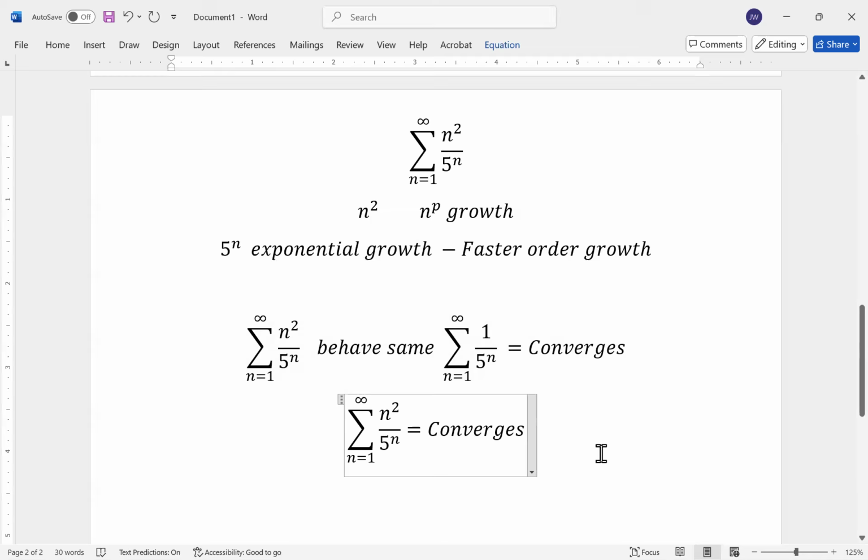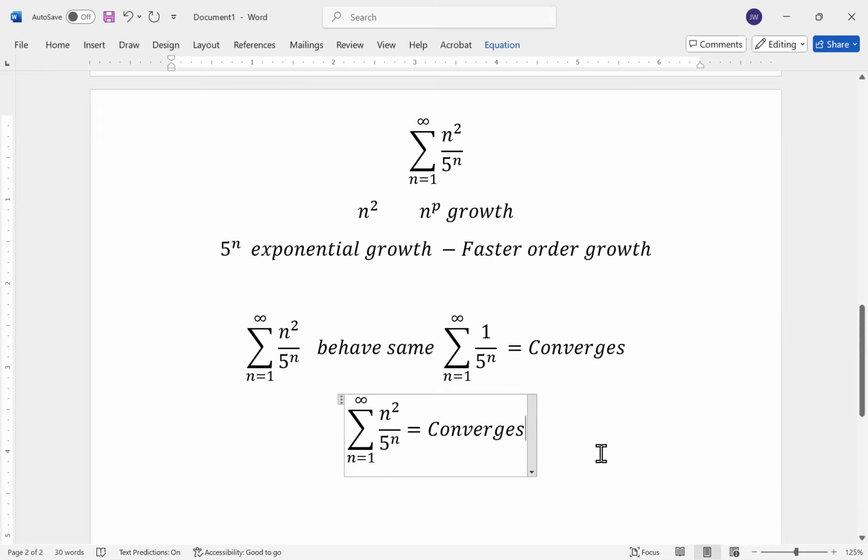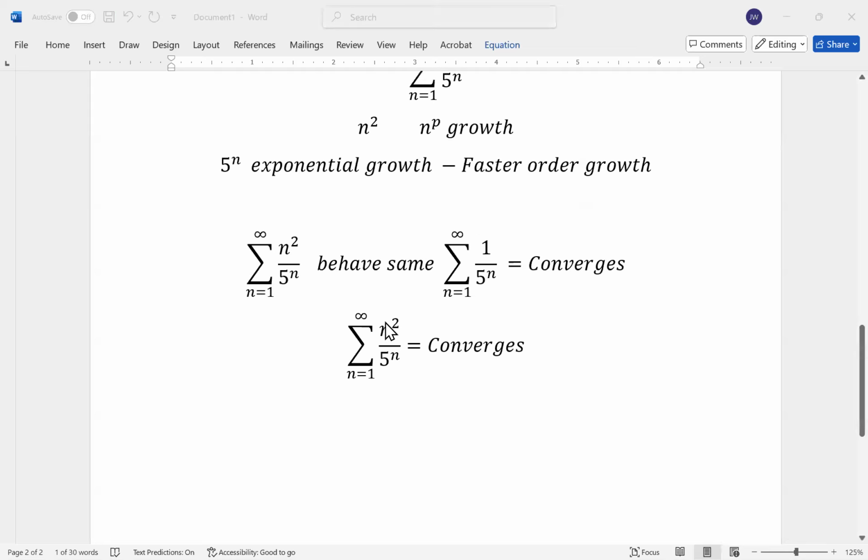Hopefully that makes sense. Now, if you want, you can, in fact, utilize the actual limit of the ratio of a sub n plus 1 over a sub n. I typically don't. I typically just do this, and I won't even write this step.